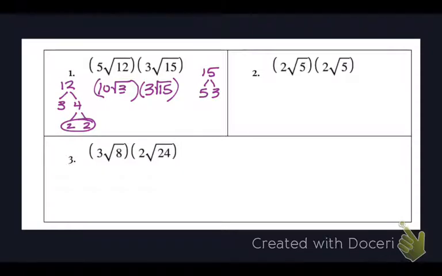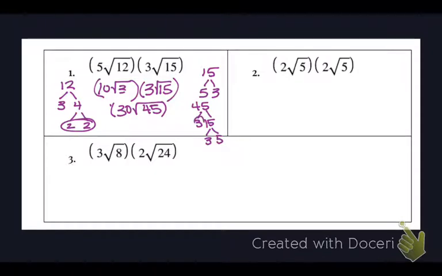So the next step is to multiply the numbers on the outside. 10 times 3 is 30. Under the radical, 3 and 15 would be 45. So at this point, 45, we need to look at its factor tree. So we would have a 3 and a 15, and we already know that 15 can be divided into 3 and 5.